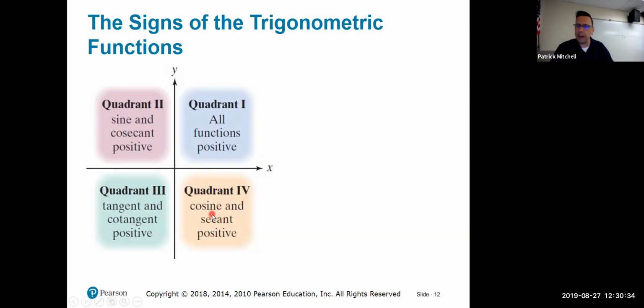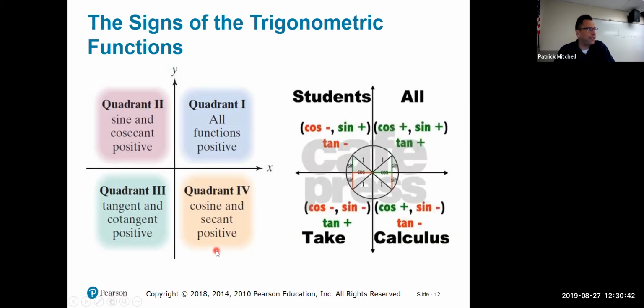So I wish I could take credit for this, but somebody else made this up. If you limit it to sine, cosine, and tangent, that gives you this fun little, we call this kind of thing a mnemonic device, right? Something to help you remember it. In quadrant 1, all 3 of those functions are positive. Actually, all 6 of them are, but I'm just talking about sine, cosine, tangent.